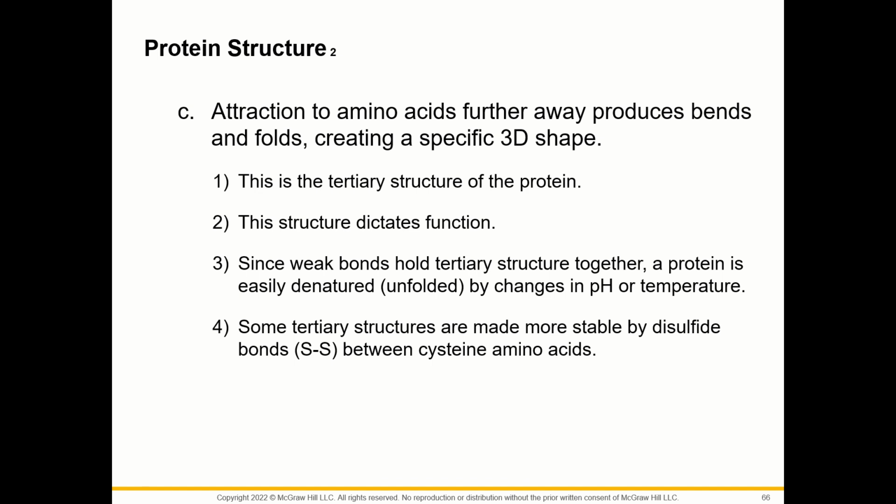Thus, attraction to amino acids further away produces bends and folds, creating a specific 3D shape. And that shape is critical in dictating function. So this goes back to that structure dictates function. So since weak bonds hold tertiary structures together, a protein is easily denatured or unfolded by changes in pH or temperature. Some tertiary structures are made more stable by disulfide bonds between cysteine amino acids.